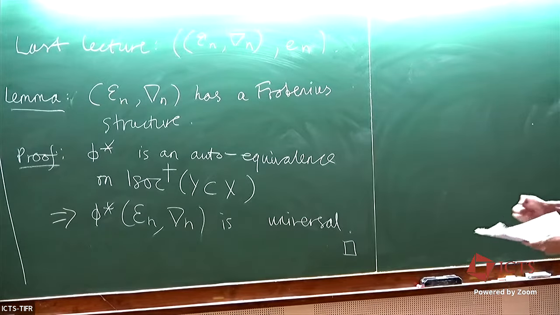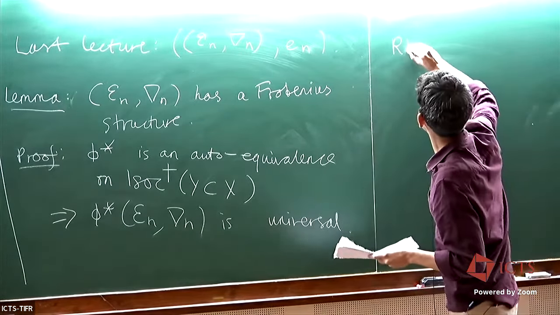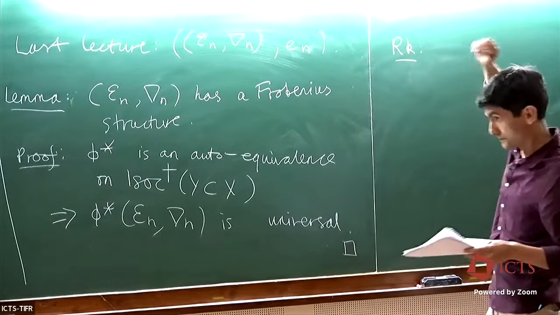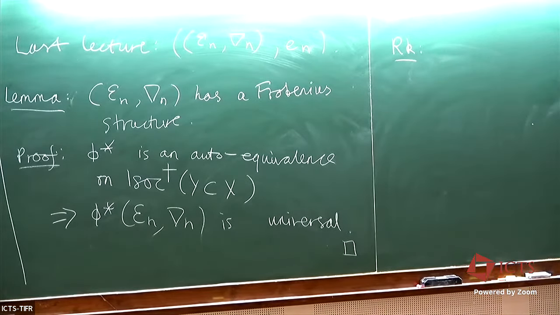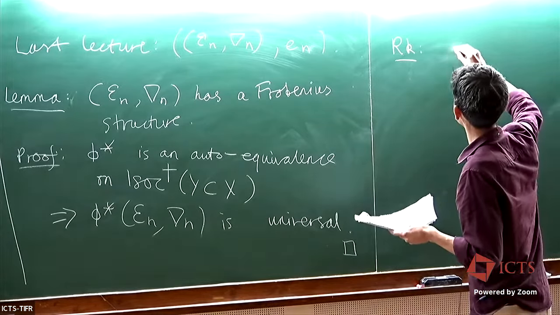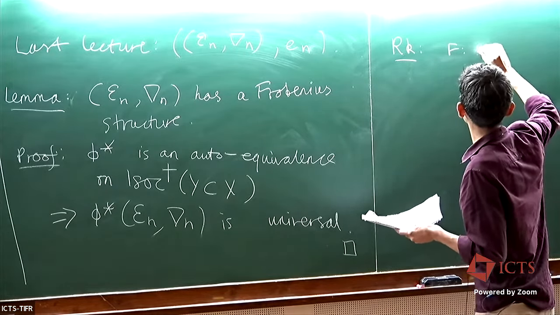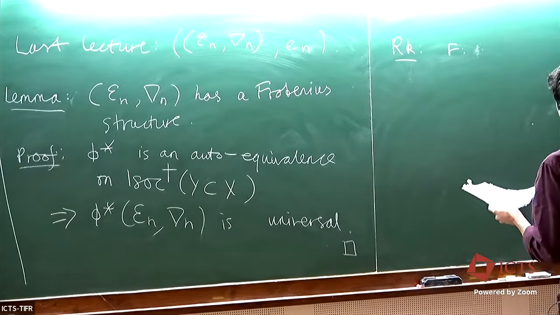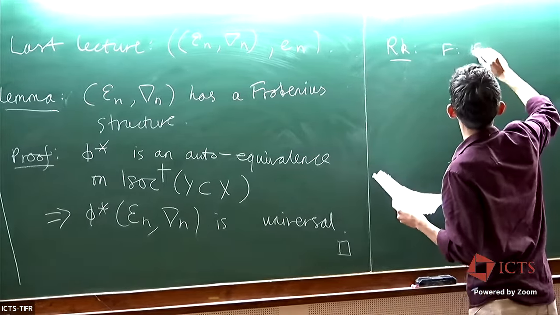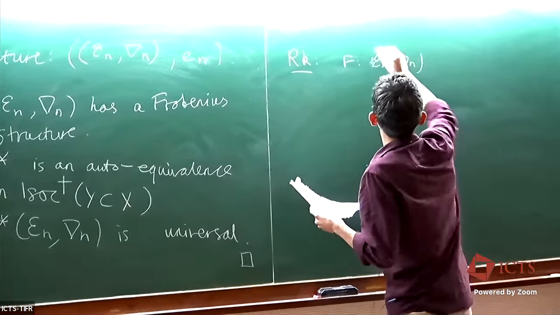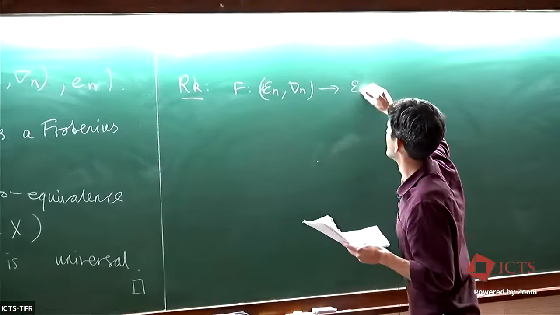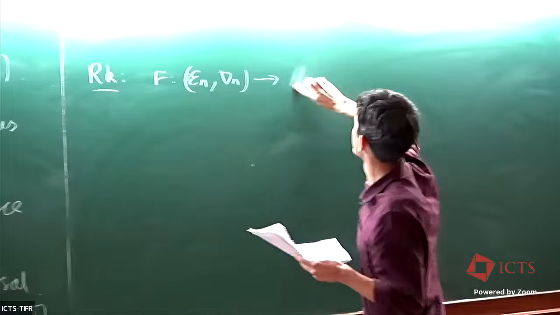But maybe I'll just remark, let's remind ourselves what the Frobenius structure was. A Frobenius structure, remember, was an isomorphism. I guess I was in the habit of doing the inverse Frobenius structure, the pullback.